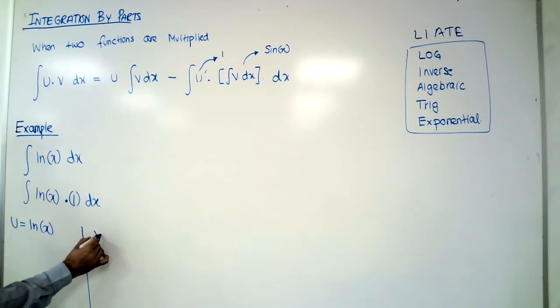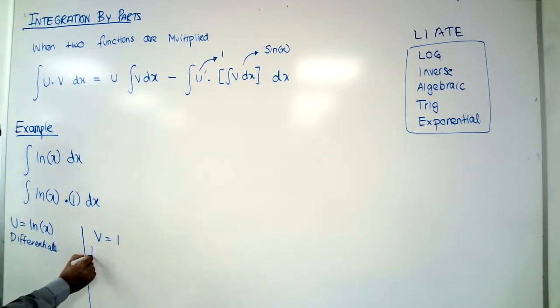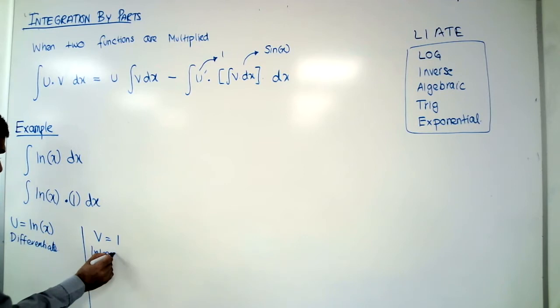So what's the v then? 1. v is 1. What do we do with the u? We differentiate. Always remember, u we differentiate, v we integrate. I'm not writing integrate with respect to x.